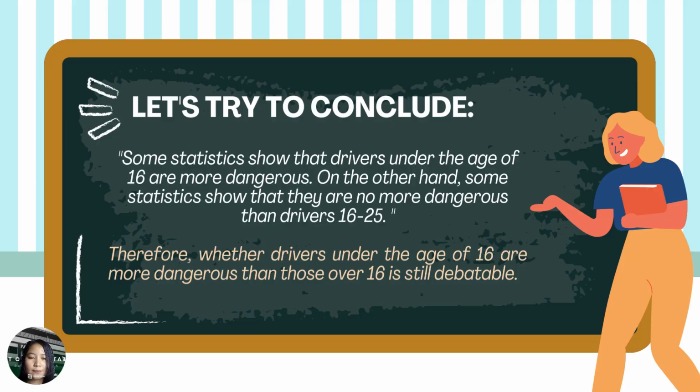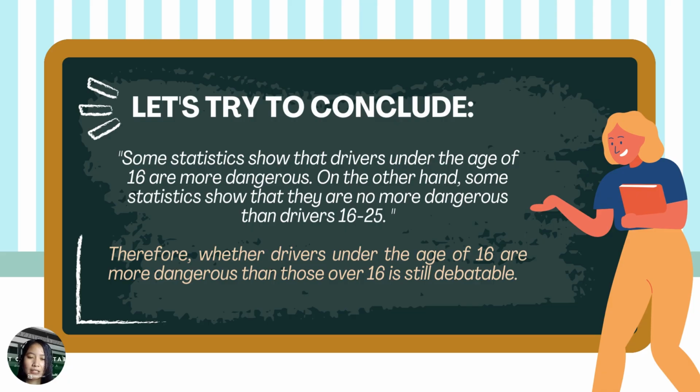Let's try to conclude. Some statistics show that drivers under the age of 16 are more dangerous. On the other hand, some statistics show that they are no more dangerous than drivers 16 to 25. Therefore, whether drivers under the age of 16 are more dangerous than those over 16 is still debatable.